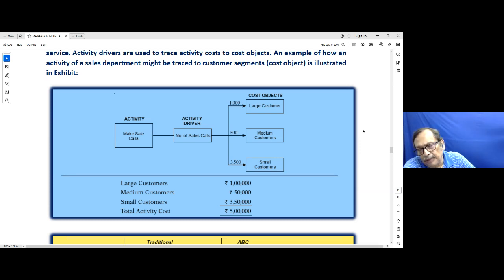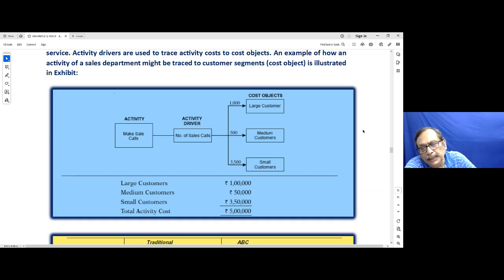Medium customers, 500. And small customer, 3500. So what I can do, large customers, say 1 lakh. Medium customers, 50,000. Small customers, 3,50,000. So total activity cost comes to 5 lakhs.